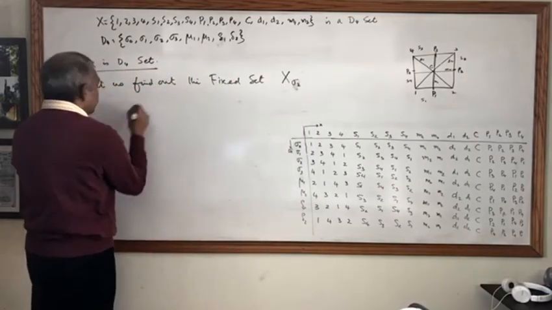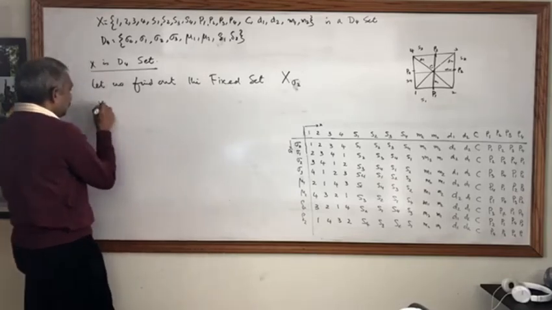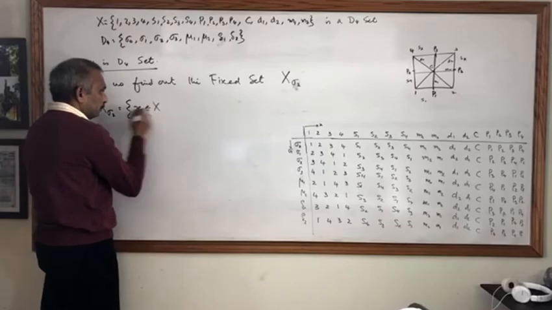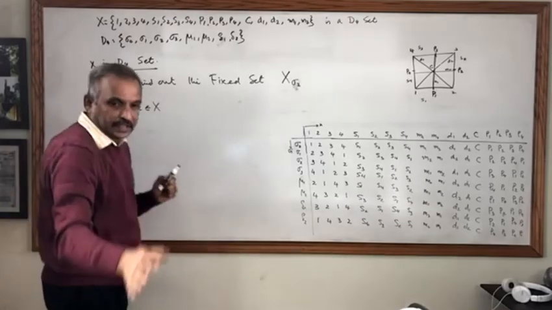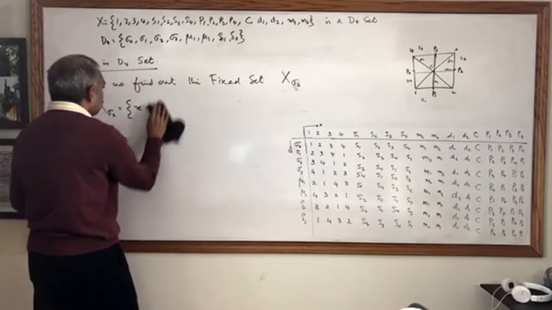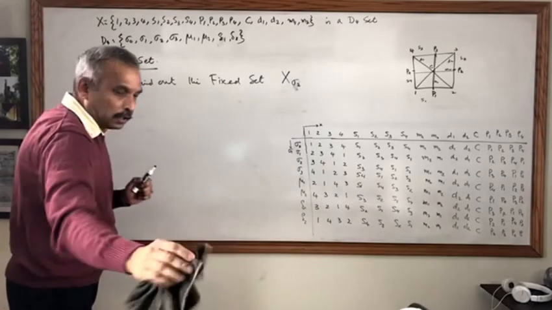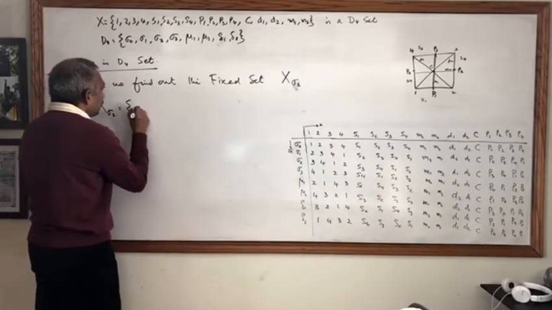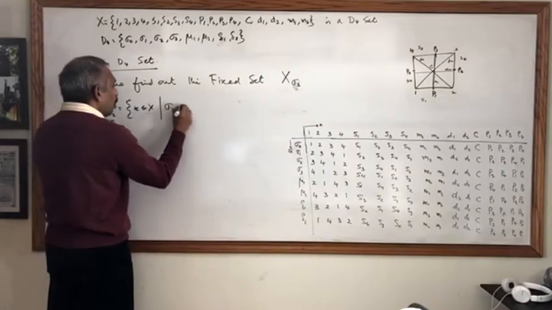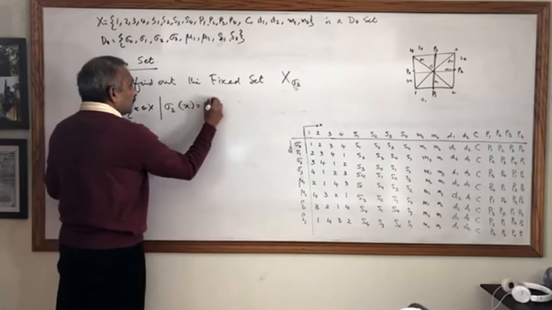What is the definition of the fixed set? X sigma 2 are elements from X such that sigma 2 of x equal to x.